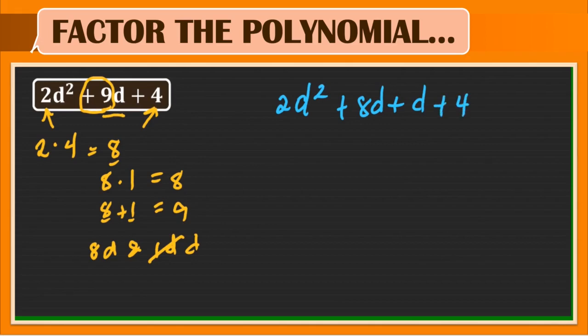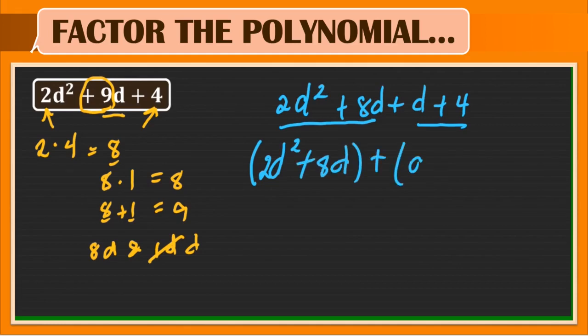And then we group the terms in relation to their GCMF. So we'll group these 2 and this one too. So this is 2d squared plus 8d, and close it in a parenthesis, and then d plus 4.